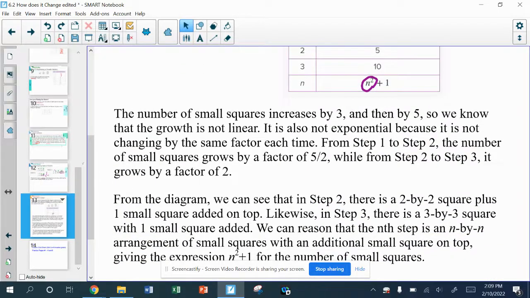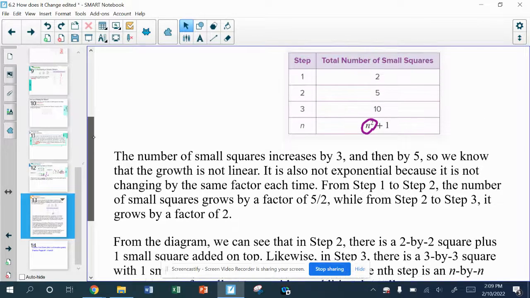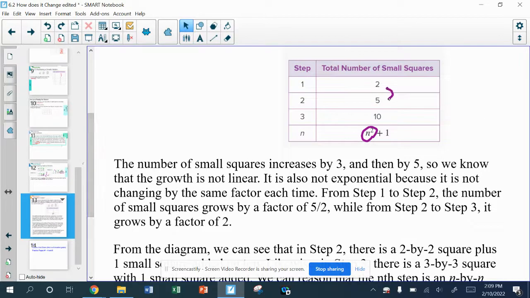It says the number of small squares increases by, let me move it so you can see. This increases by 3, and then it increases by 5, and then it would keep increasing with this changing kind of pattern. So it says specifically, it is definitely not linear because it's not changing by the same amount. It's not exponential either because it's not increasing by the same factor.